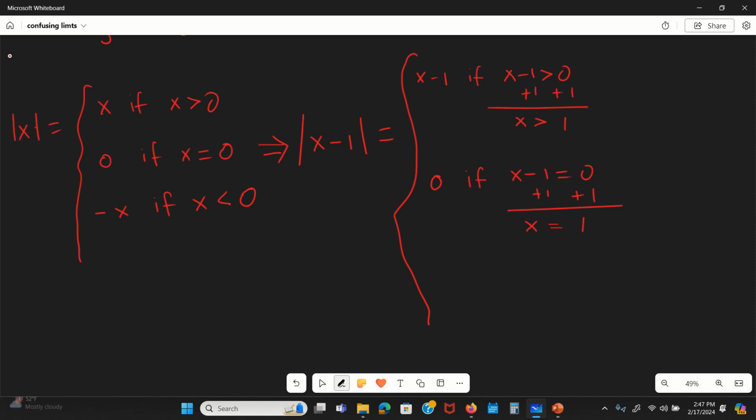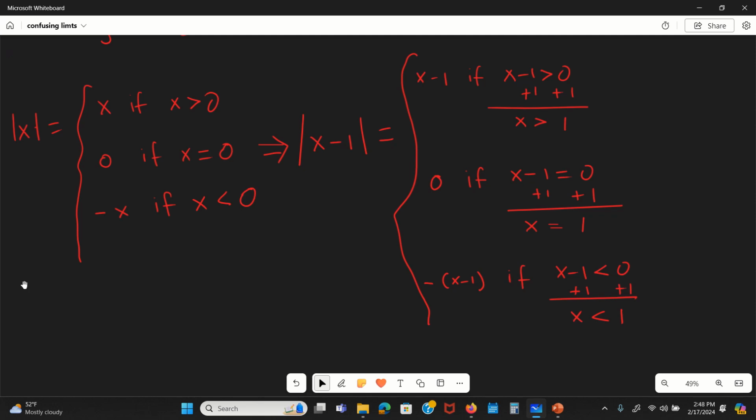And the absolute value of x minus 1 is negative, in parentheses, x minus 1, if x minus 1 is less than 0. By adding 1 to both sides of the inequality, this means that x is less than 1.